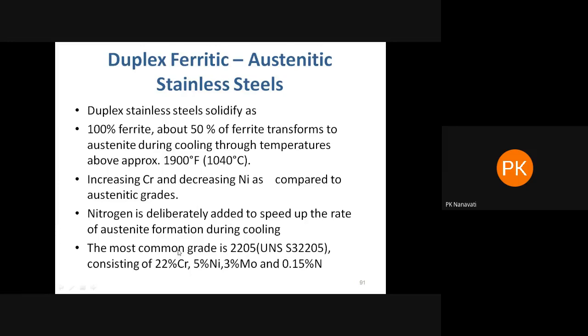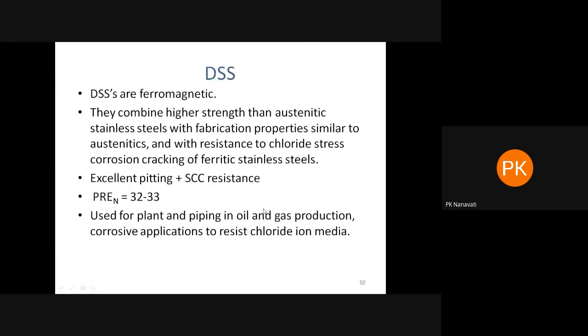So the most typical grade is 2205, that is 22% chromium and 5% nickel. And there is also the presence of some molybdenum. Now there is a role of nitrogen. I'll take you to the composition of this. But the most important point is that duplex stainless steels are meant for improving chloride stress corrosion cracking resistance, right? They are meant for improving fabricability.